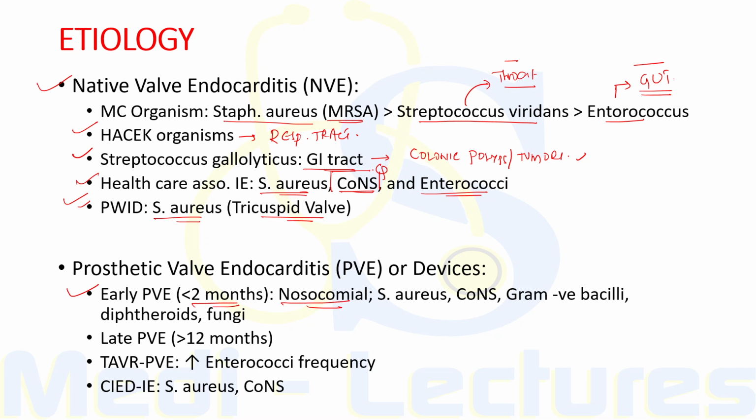The organisms implicated are Staph aureus, Coagulase negative Staphylococcus, Gram negative bacilli, diphtheroids, as well as fungus. For late PVE, that is more than 12 months after surgery, the causative organisms are similar to community acquired native valve endocarditis.